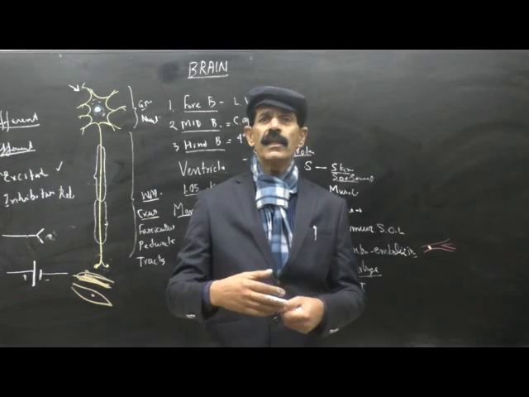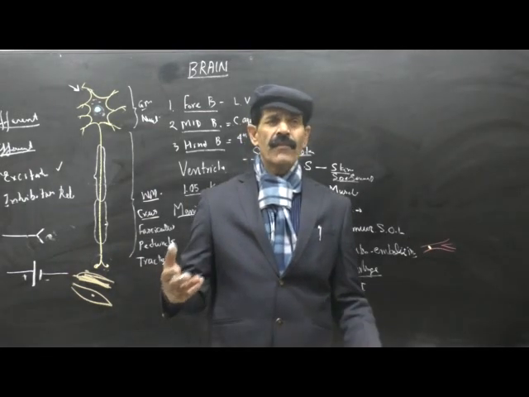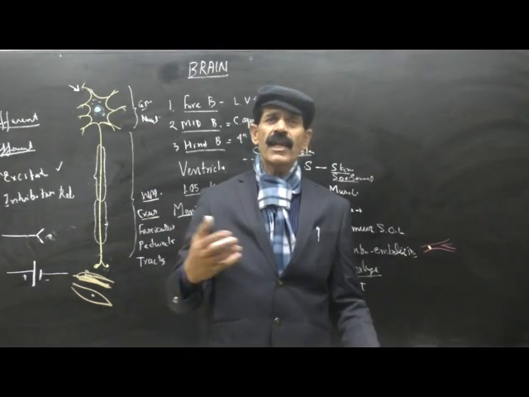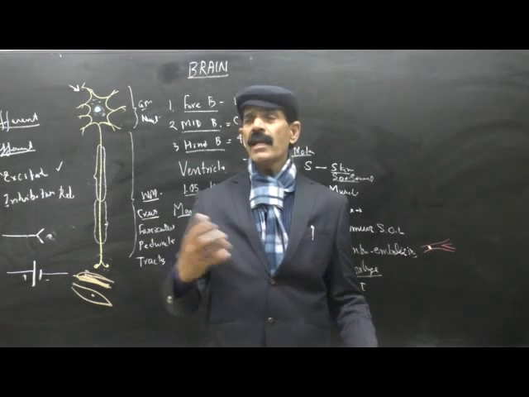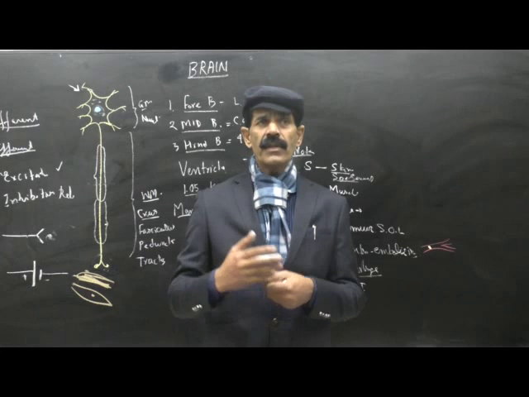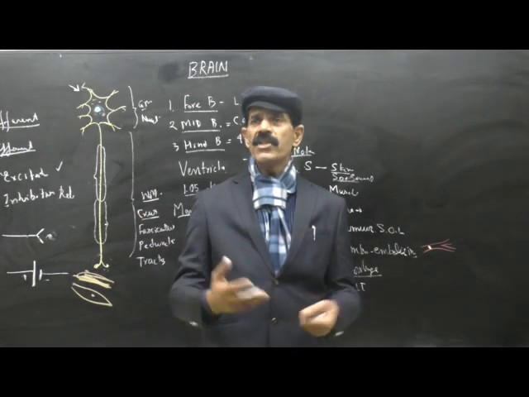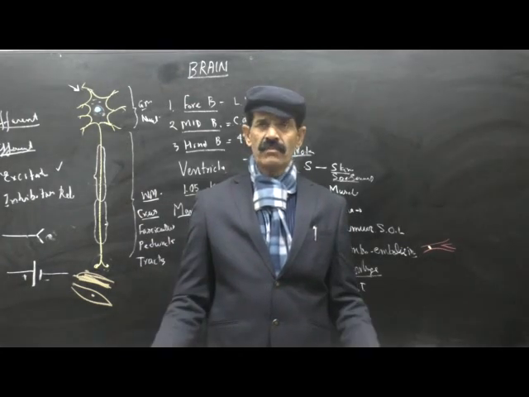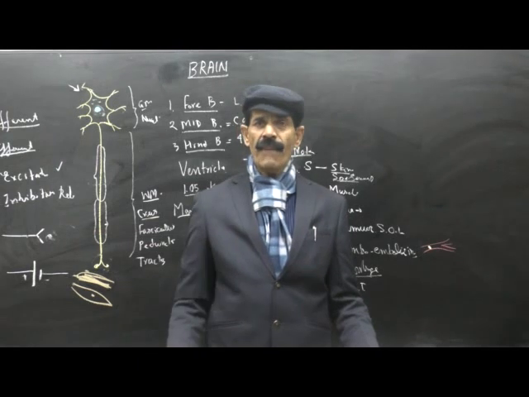It leads to an increase in the volume. And when the volume is increased, pressure is increased. So that leads to an increase in intracranial pressure, and intracranial pressure leads to derangement of the brain functions. So that is the problem.